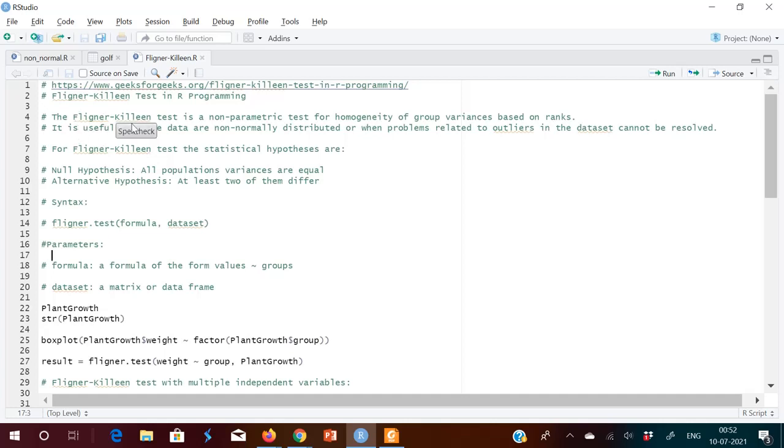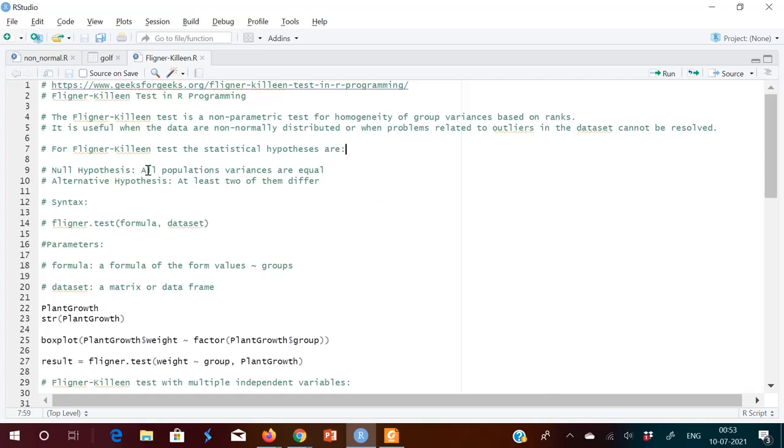The Fligner-Killeen test is a non-parametric test for homogeneity of group variance based on ranks. Ranks means factors. When we took the wins, it was in 3 levels: 0 wins, 1 win, and 2 wins. That's what it is based on. It is useful when the data are non-normally distributed or when problems related to outliers in the dataset cannot be resolved.